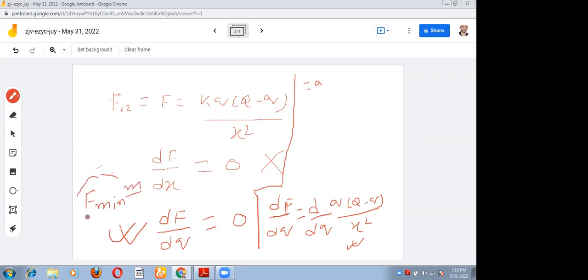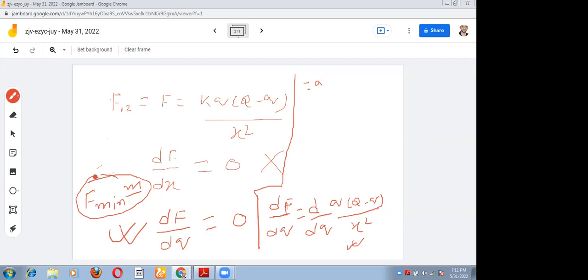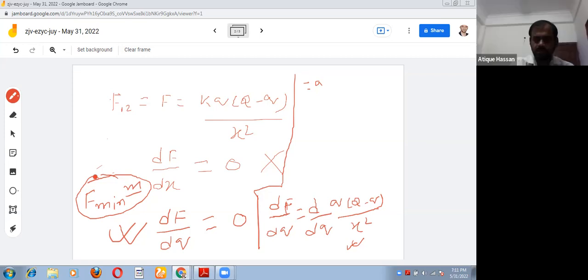And for anything to be minimum, you have studied in calculus also, for a quantity to be minimum, its differential should be 0. Are you aware of this concept? You might have studied the maxima and minima concept. Have you studied that? No, sir.